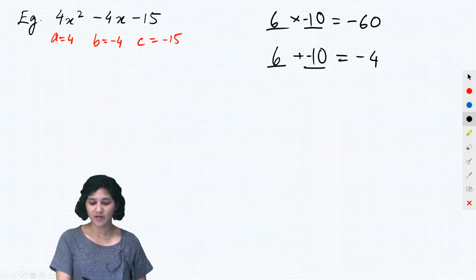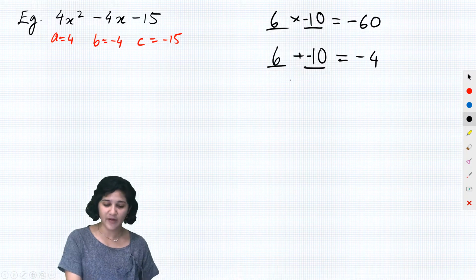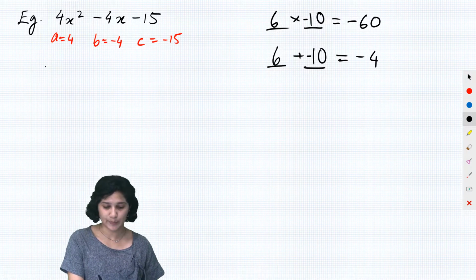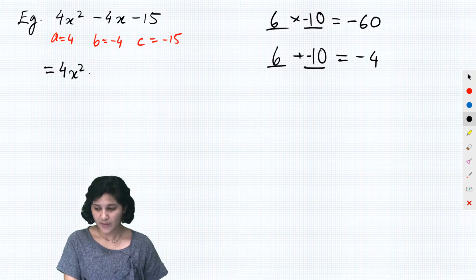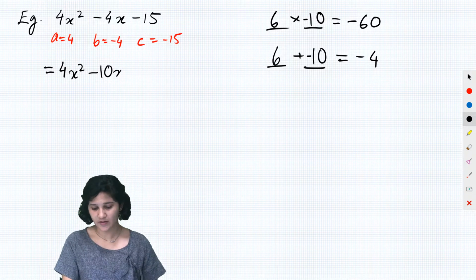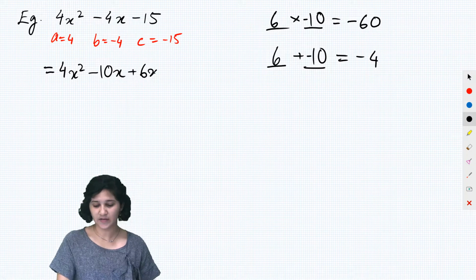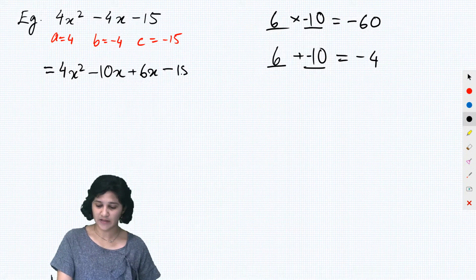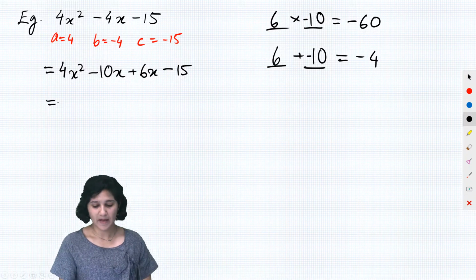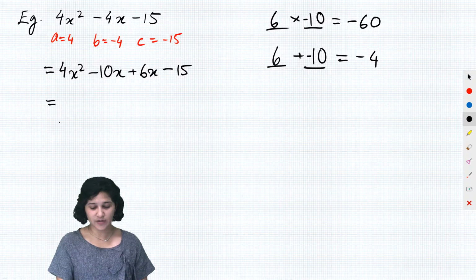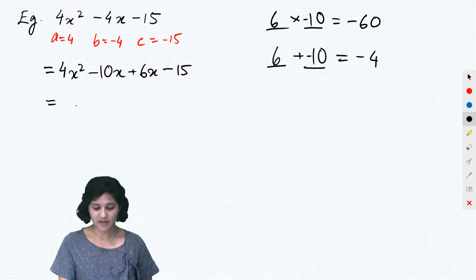Okay, so I use those two numbers that I found to split the middle term. So I've got 4x squared minus 10x plus 6x minus 15. Again, it doesn't matter which way I put these. Now the common factor between these two is the x and also a 2.